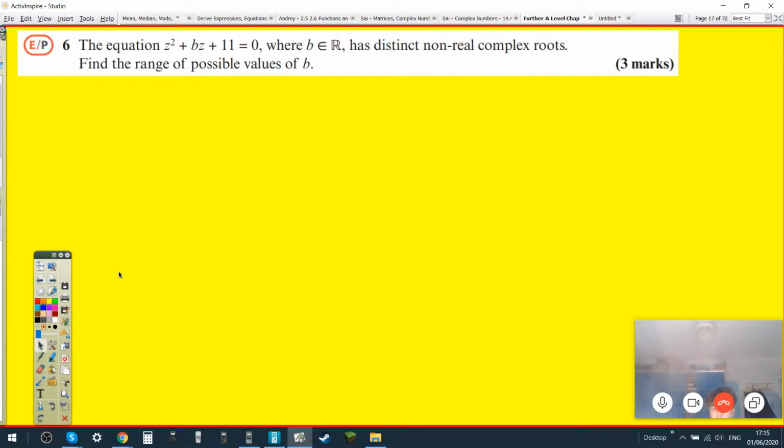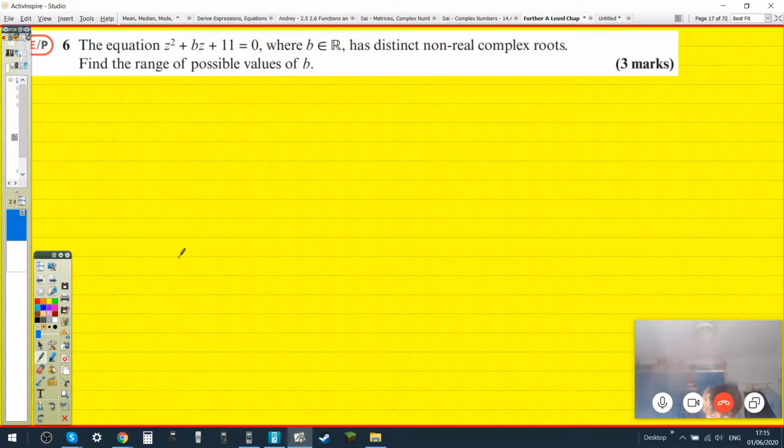Okay, question 6. Exam question. How do we do this? The equation is z squared plus bz plus 11 equals 0. Find the possible values of b. So z is going to be the same, but that's sort of like x, right?